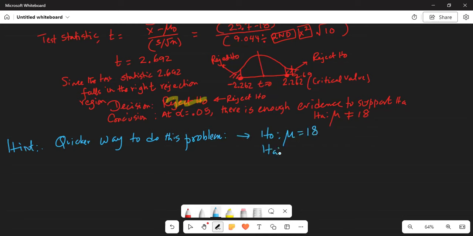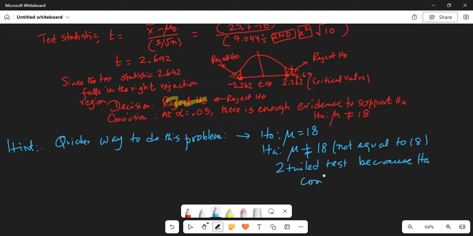The alternate, since we do not know whether it's greater than or less than, we will write not equal to 18. So it's a two-tailed test, because HA contains the not equal to sign.